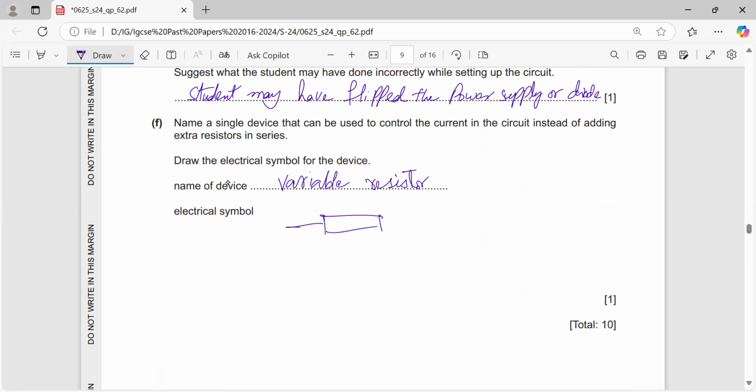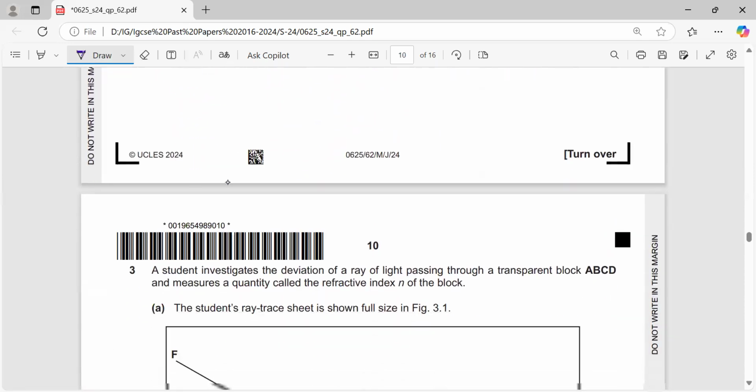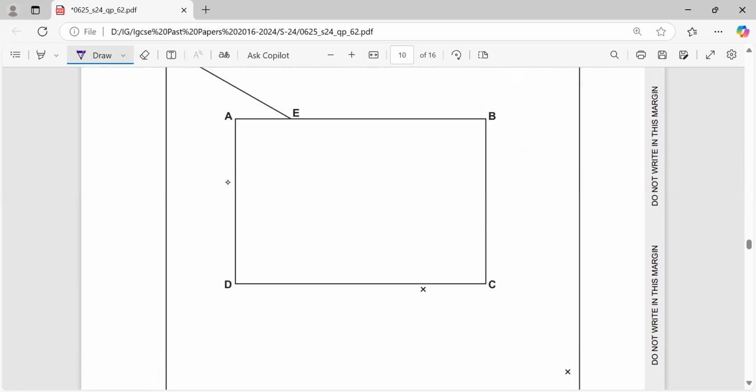Symbol, very simple, this way. So in this way, this question number 10 is also done. Question number 2 is also done. Anybody having any problem, any question or query here, feel free. You can ask me now.